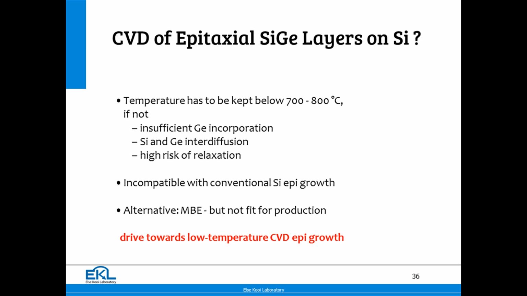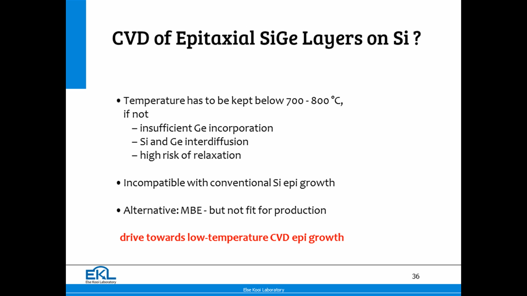So, yeah, everybody was after silicon germane, and in order to grow silicon germane, you need to keep the temperature below 700, maybe 800 degrees, but that is about the maximum temperature. If you don't do that, incorporation of some germane in the crystal is insufficient. You get silicon and germane into diffusion, and there is a higher risk of relaxation.